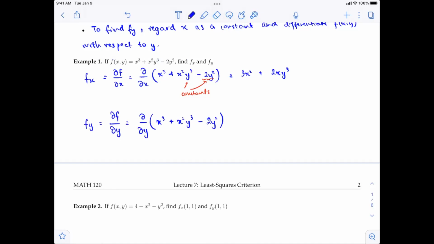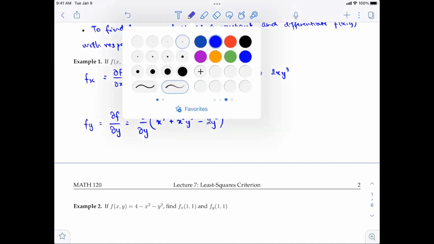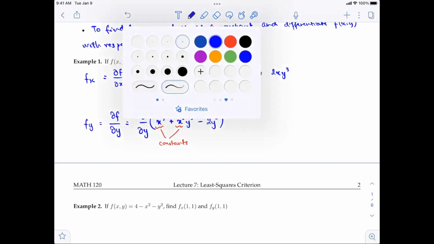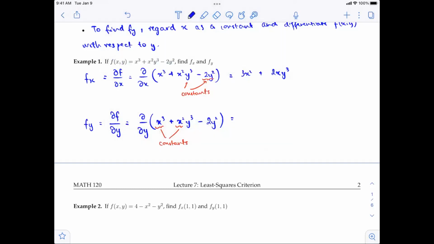Again, in this context, you regard x as a constant and you differentiate the function with respect to y. So here, this is constant. This is constant. Now you take the partial derivative of the function with respect to y.